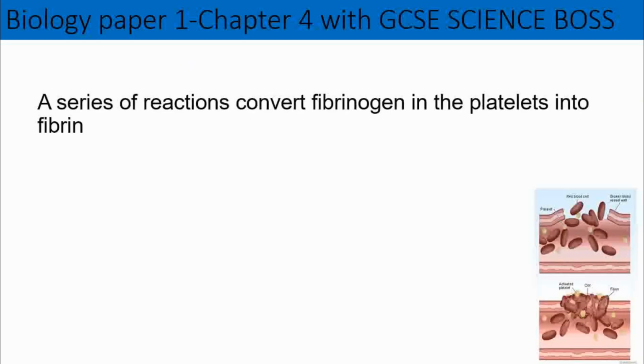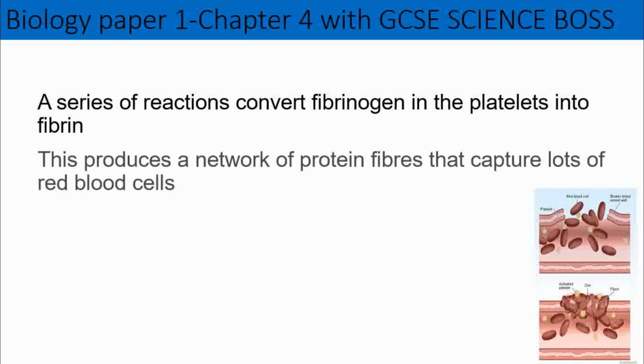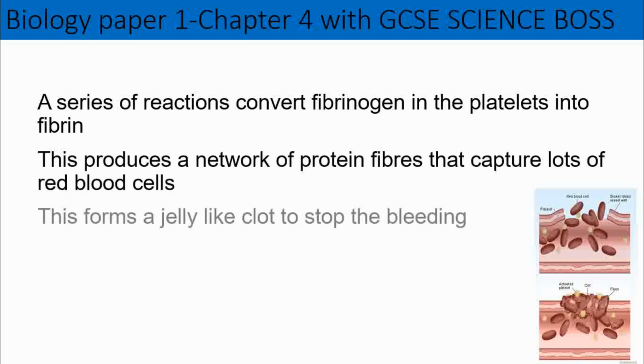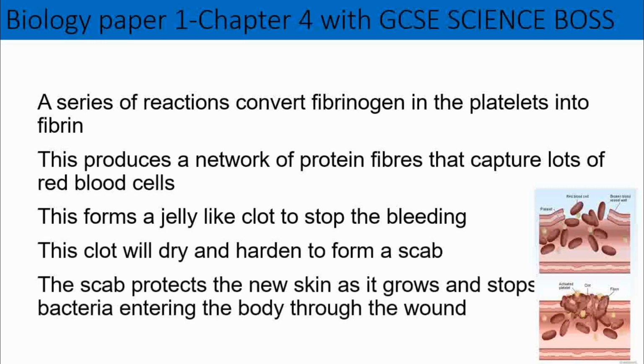Good. Now also, as it relates to blood, the blood is also responsible for clotting. There's a series of reactions which converts the protein fibrinogen into fibrin, which is insoluble. So you can see that here. This process is called clotting. So if you have a look here, what will then happen?